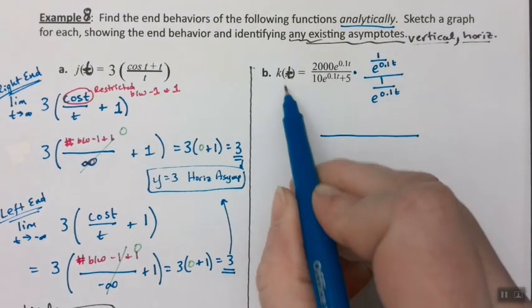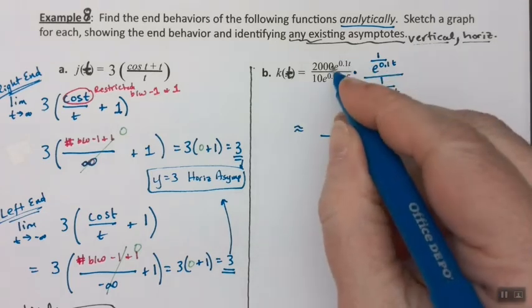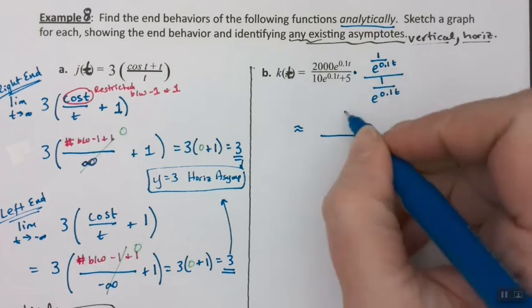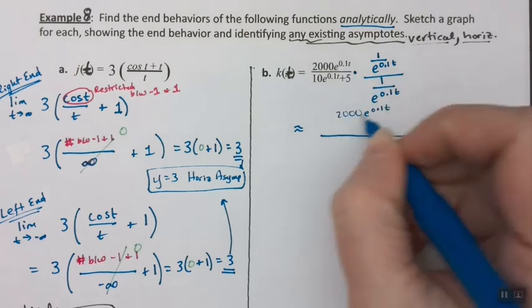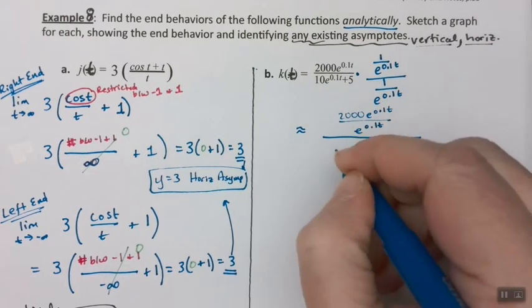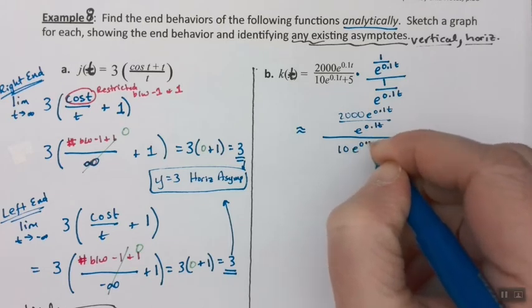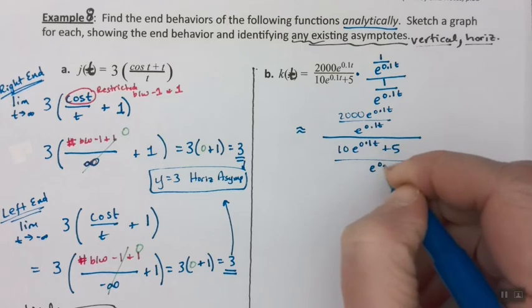I'm not even doing a limit yet, I'm just rewriting this function. So this is 2000 e to the 0.1t over e to the 0.1t, divided by 10 e to the 0.1t plus 5 over e to the 0.1t.